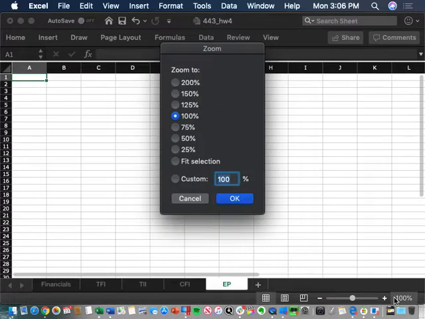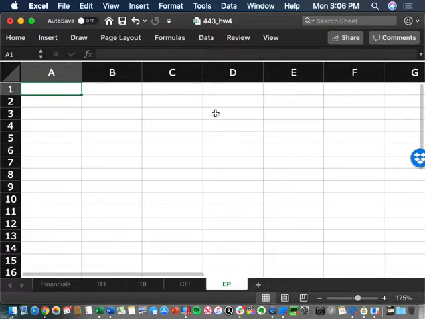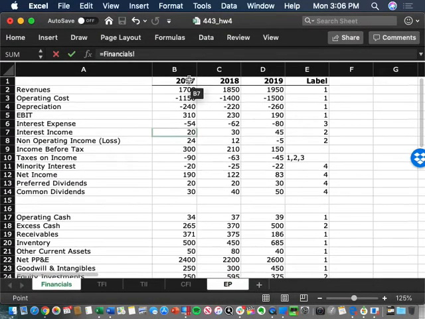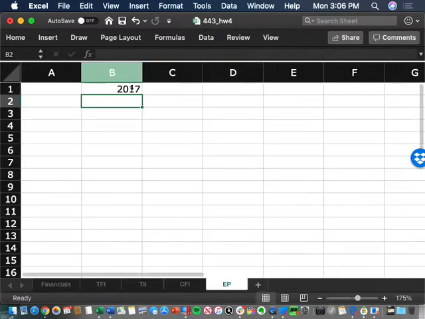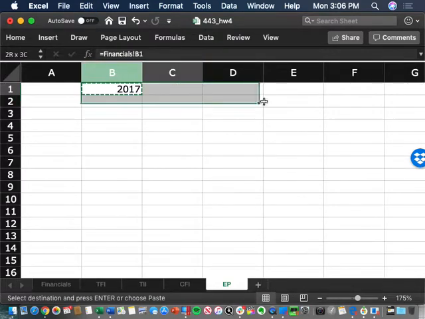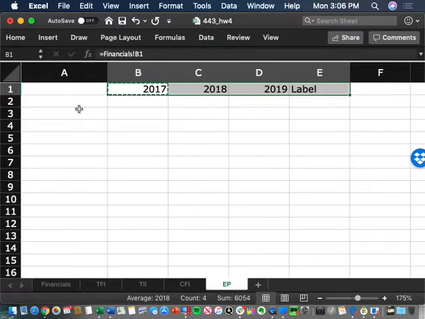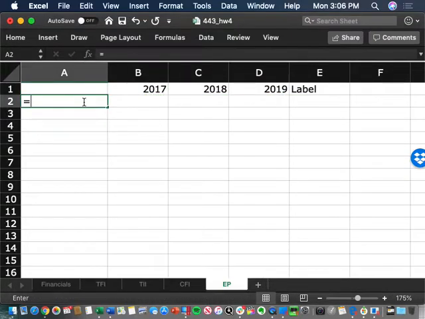Again, make it bigger, easier to see, equals years, copy paste. All right, first method was the spread method.